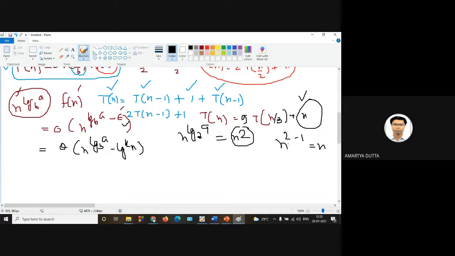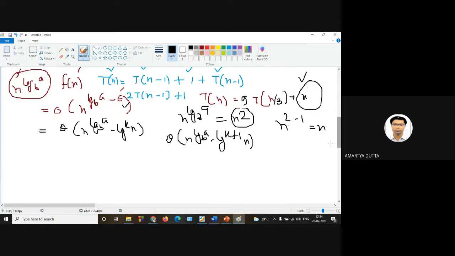What will be the complexity? The complexity of the algorithm will be T(n) is equal to big theta of n to the power log b base a into log to the power k plus 1 of n. So this is the formula for T(n).